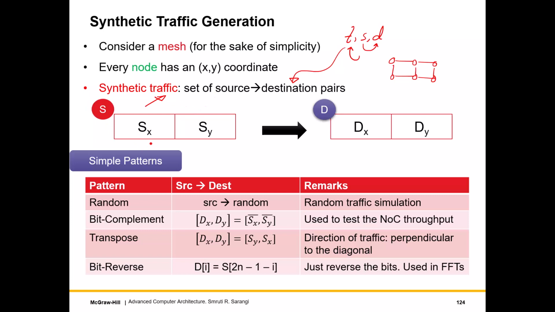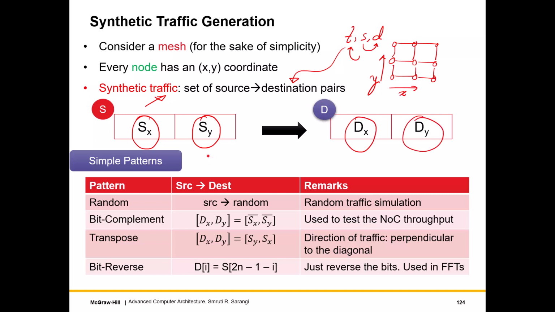Given the fact that it's a mesh, you can have an x coordinate and a y coordinate. So every source would have an x coordinate and a y coordinate, which is sx and sy. Similarly, every destination would have an x coordinate and a y coordinate, which is dx and dy.